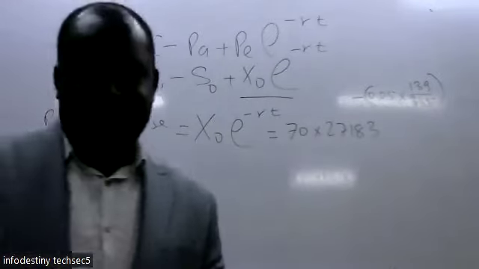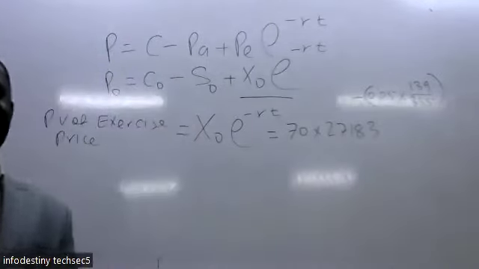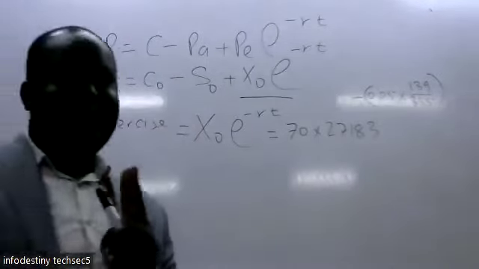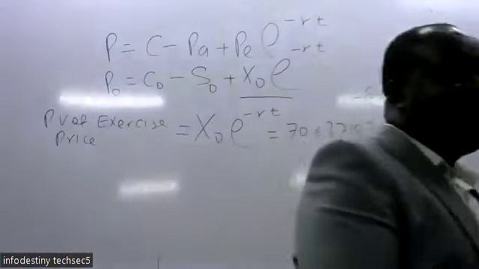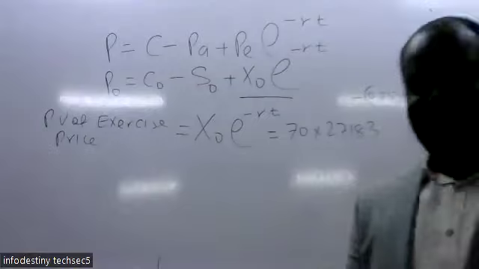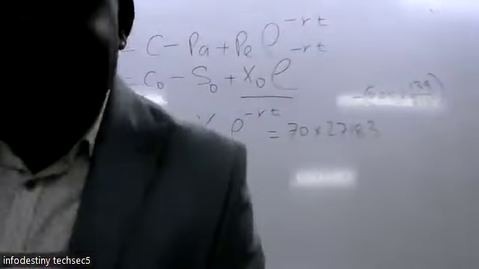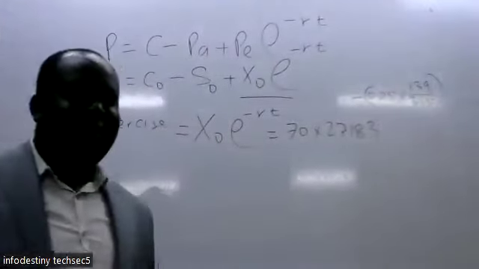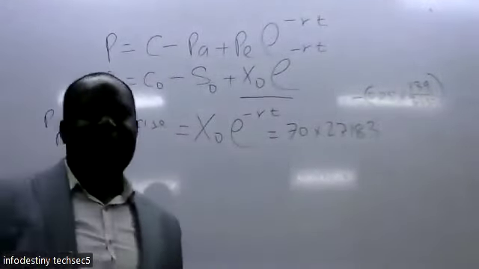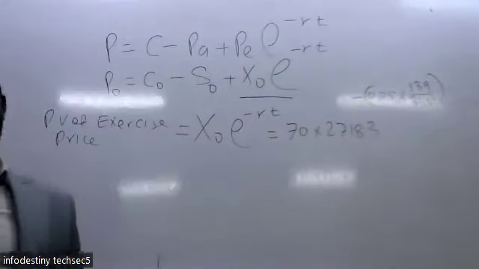68.661. No, we require the exact figure. When you round off to 2 decimal places, it is 68.6168. Don't round off any intermediate figure, round off the final figure.